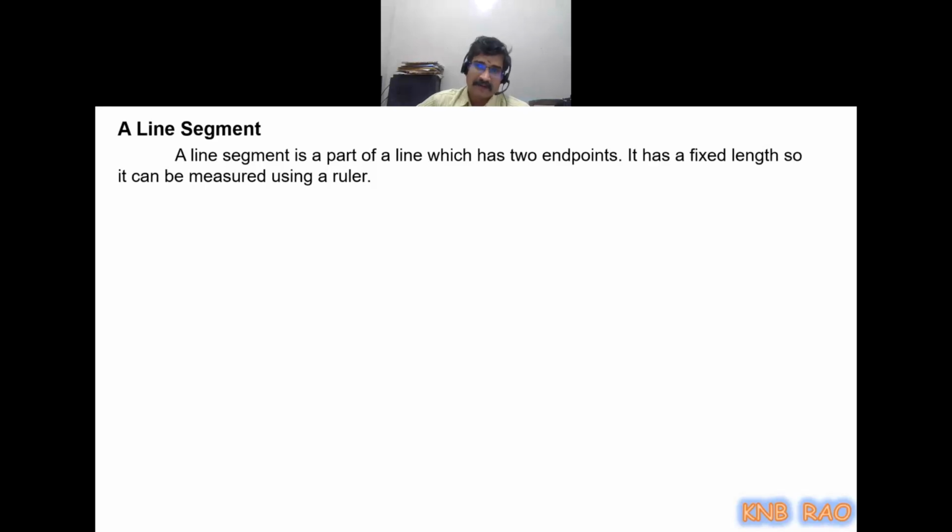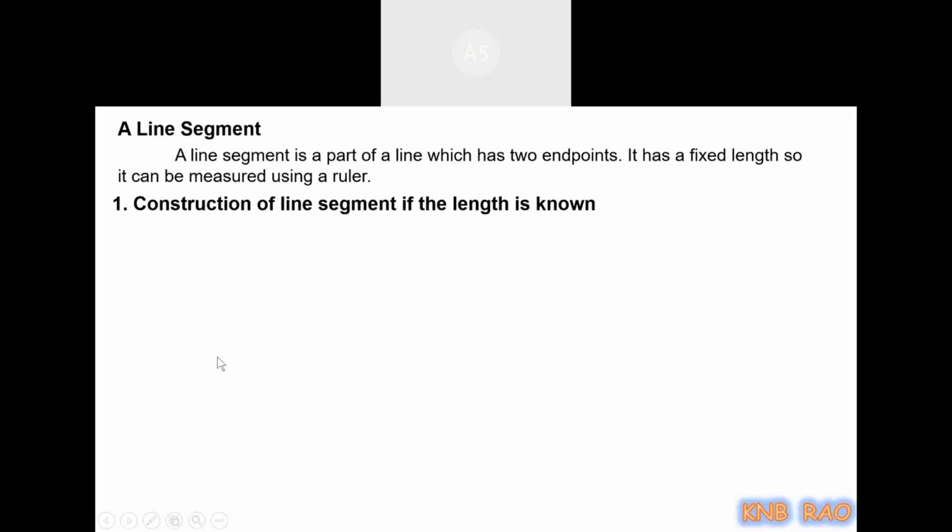Lines cannot be measured because they have infinite length, not fixed length. If you want to measure a line, one side keeps extending like Hanuman ji's tail. You cannot measure it, no?